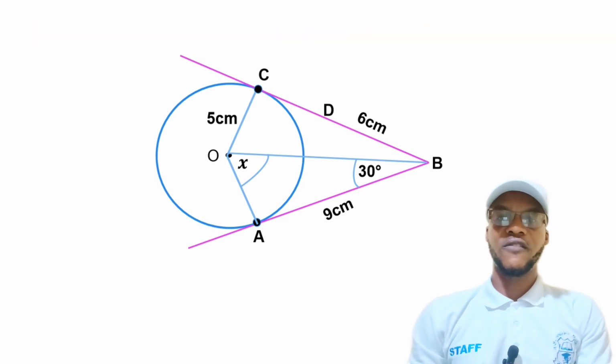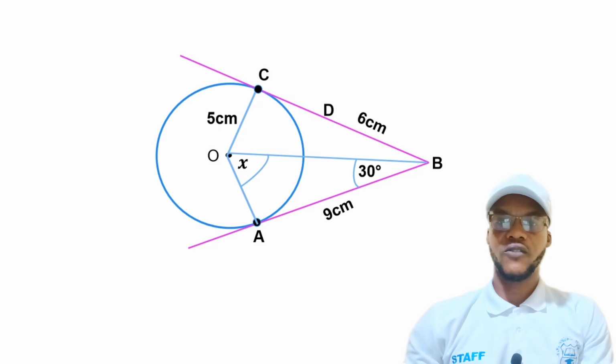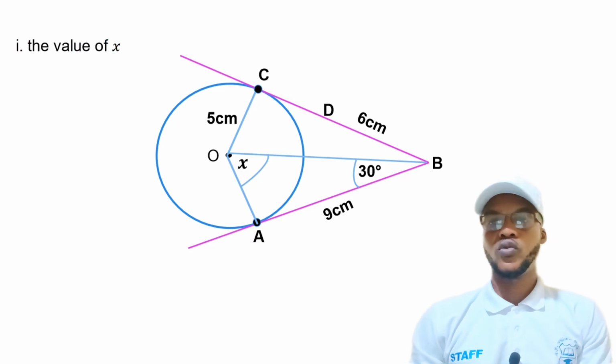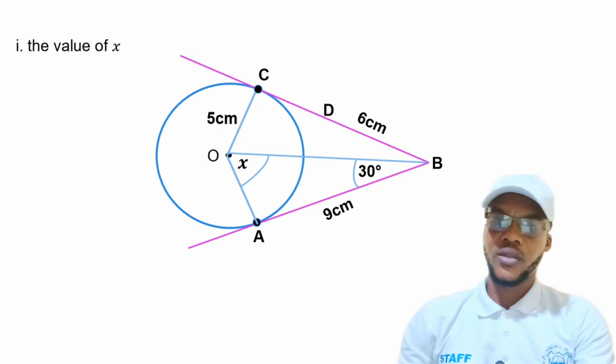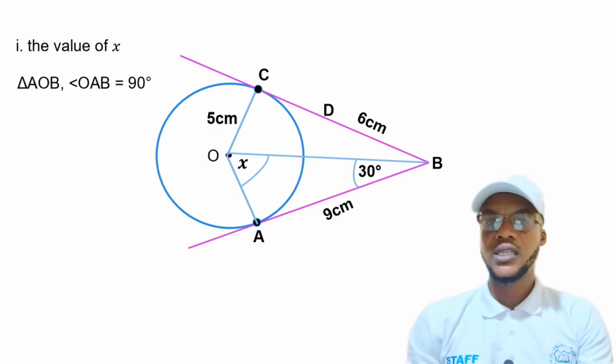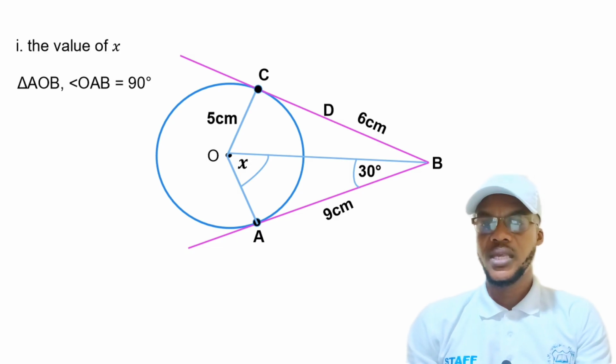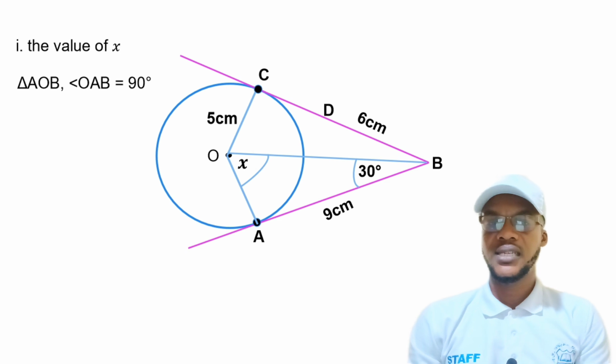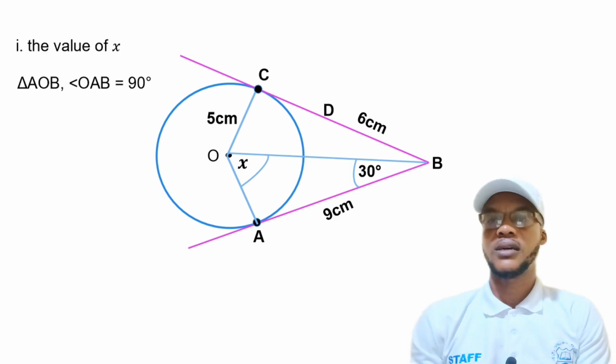For the first question, where we have to find x, if we consider triangle AOB, you realize that we have angle OAB giving us 90 degrees. That is what the theorem talks about: the angle between the radius and the tangent is 90 degrees.